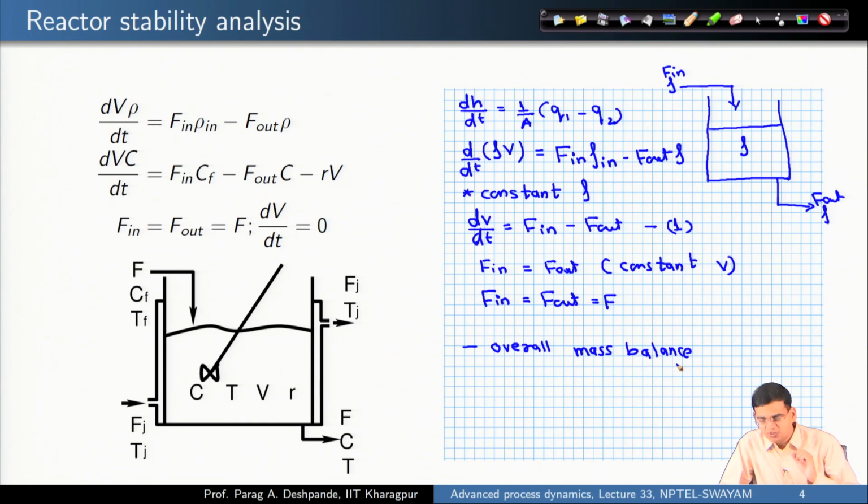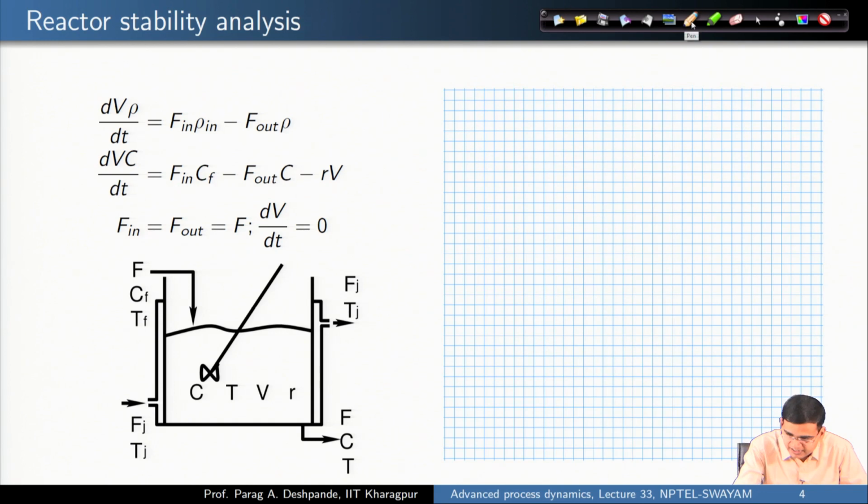Now, we can do a component balance. How does the variation of the reactants or the products take place in the system? We will do only one, because the other one can be obtained pretty trivially. If C is the concentration, then the amount of A inside the reactor, its temporal variation, would be given by d by dt of concentration multiplied by the reaction mixture volume.